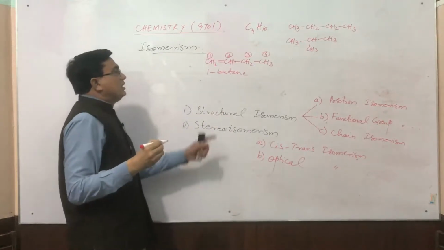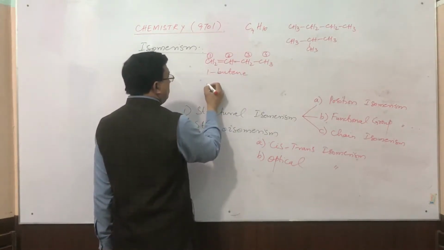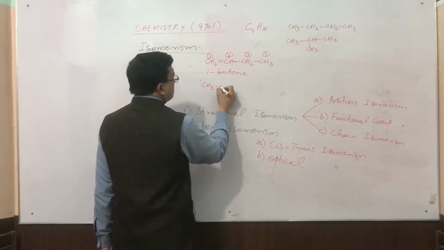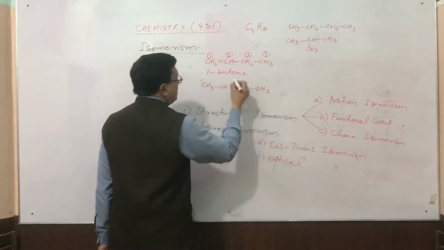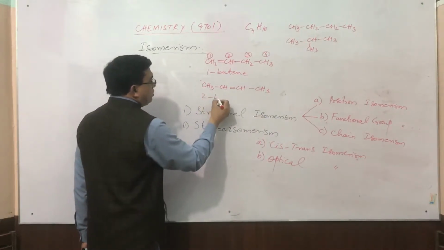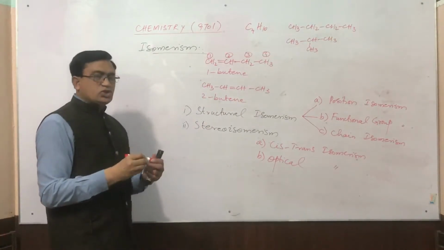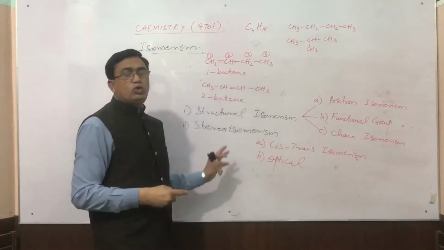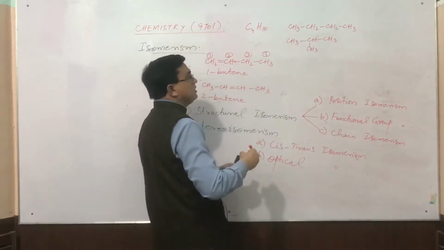But if I change the position of the double bond, which is a functional group, it becomes CH3, CH double bond CH, and then CH3. The name of this becomes 2-butene. The molecular formula is the same, but only the position of the functional group is changed. That's why this is an example of position isomerism.